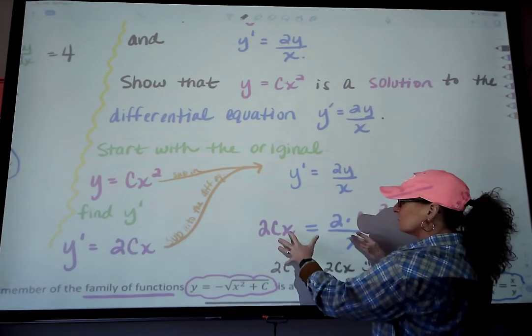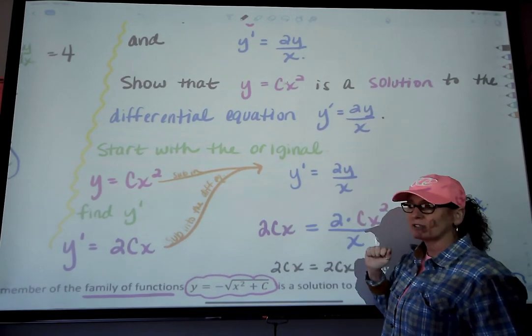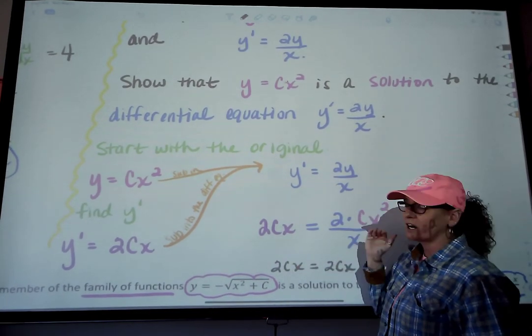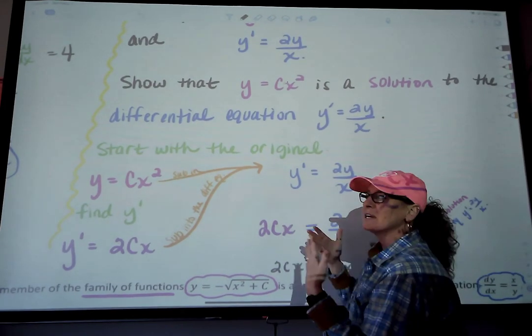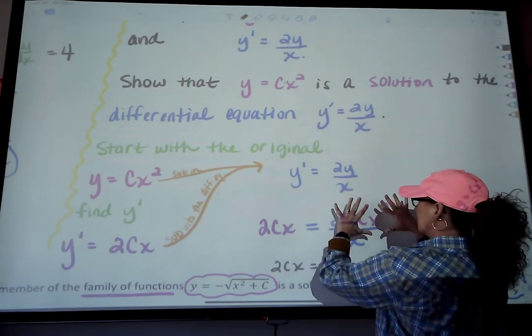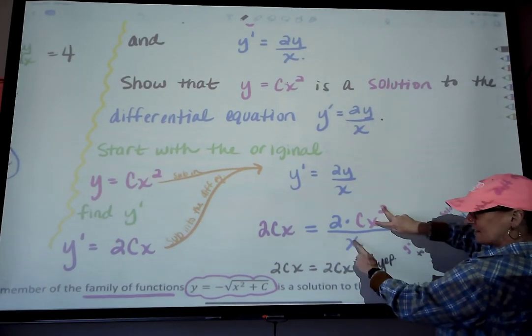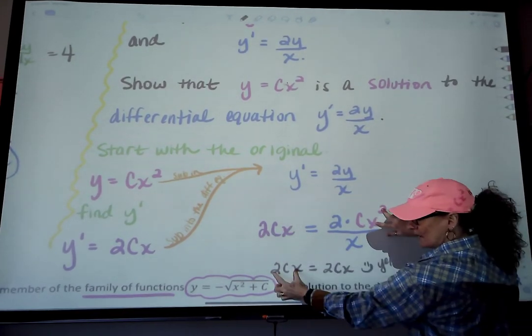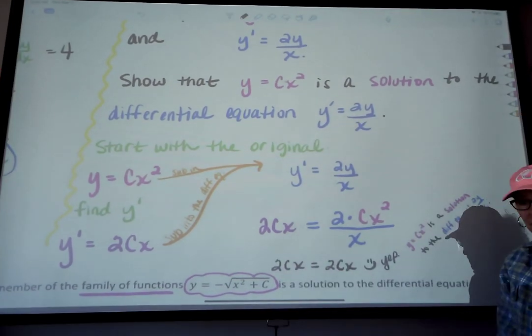So don't do anything involving both sides at the same time. Don't add something to both sides. Don't multiply something to both sides. Don't divide something on both sides. Just pick a side and work with it. So I'm going to pick this side. I can cancel one of these x's with this x. Same, reduced version. There you go.